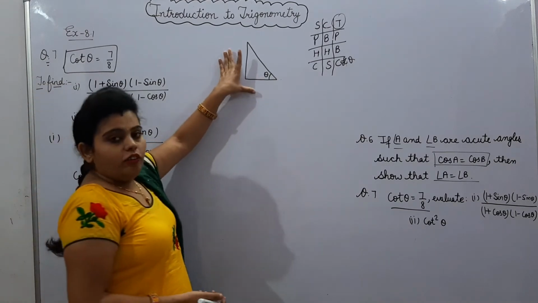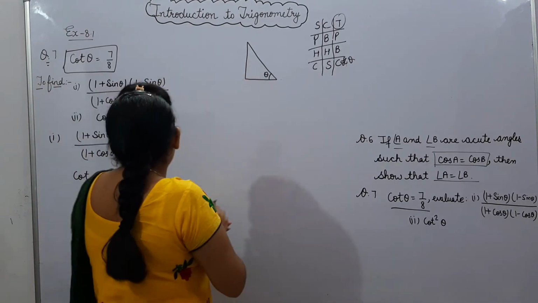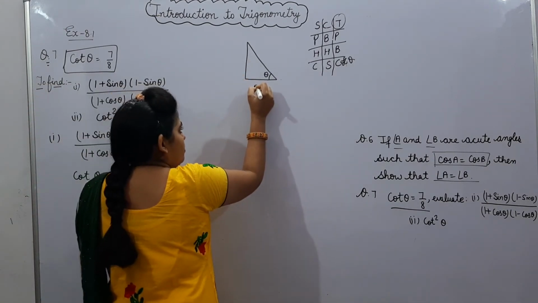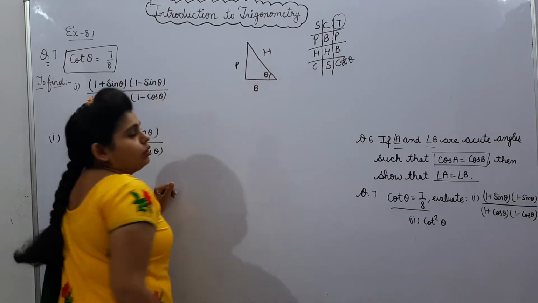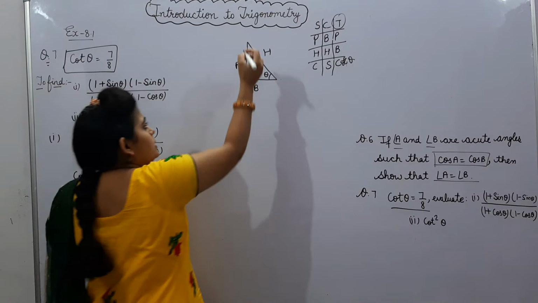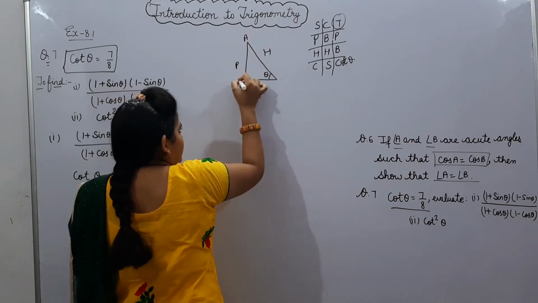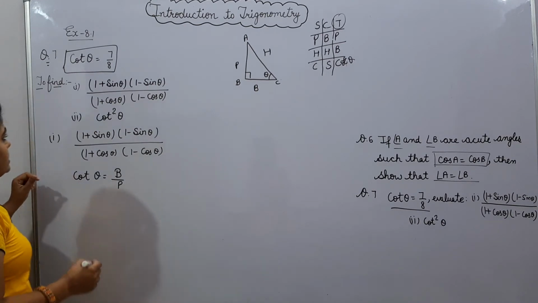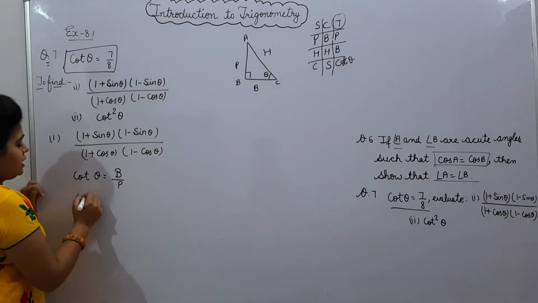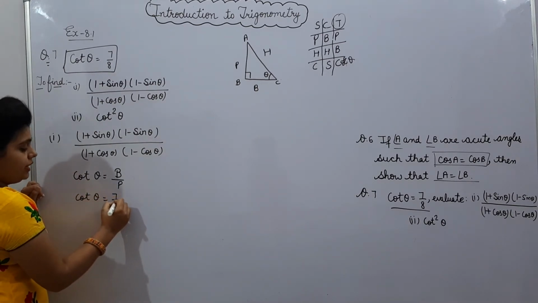If we take this angle as theta, then this will be our base, this will be our perpendicular and this will be our hypotenuse, like this triangle ABC. Now using this, cot θ is equal to 7 by 8, it is given.